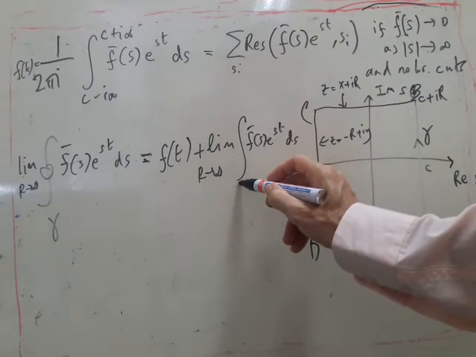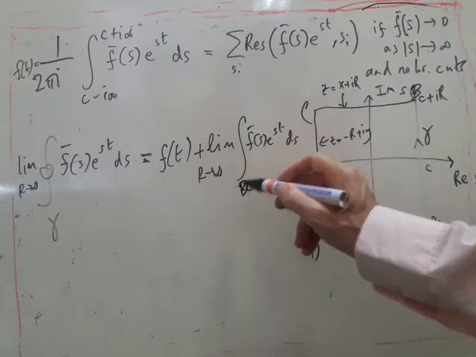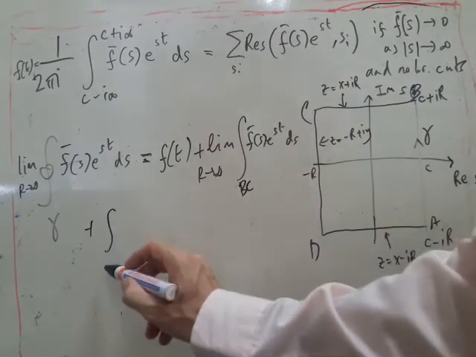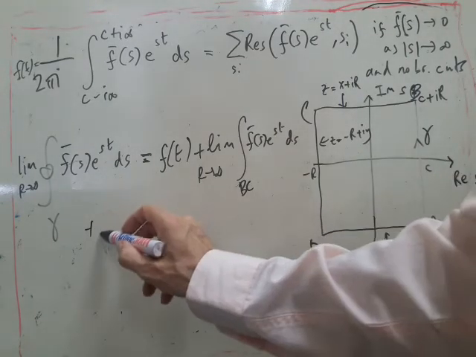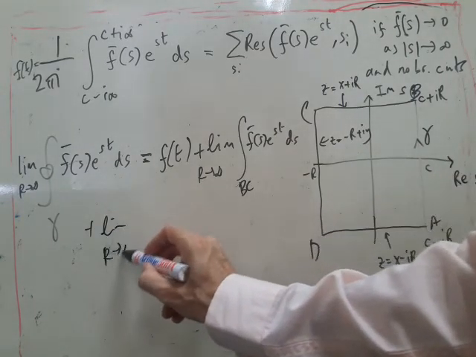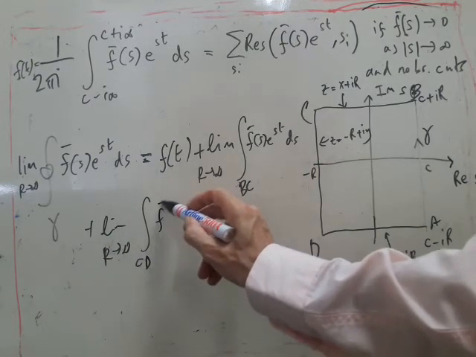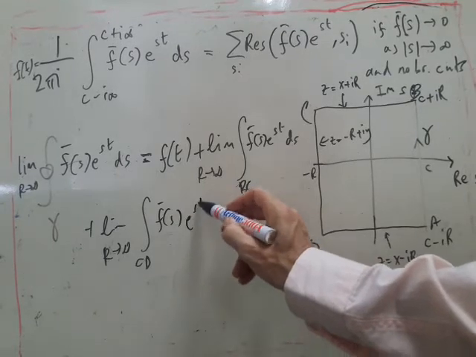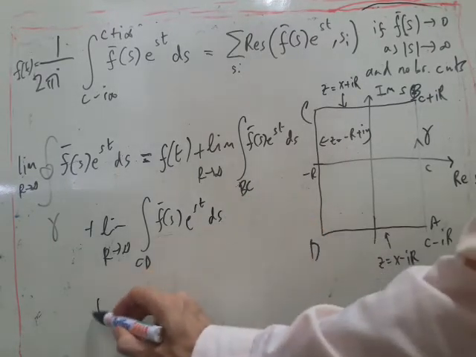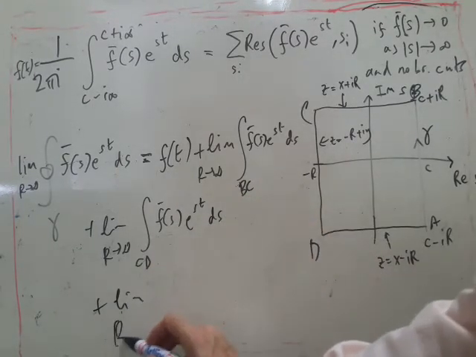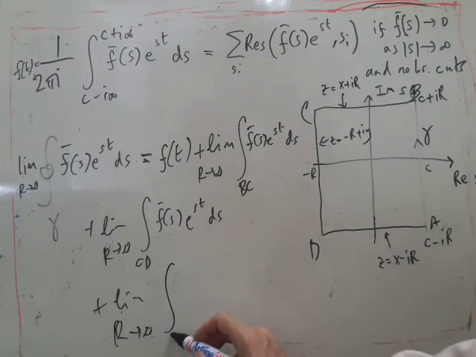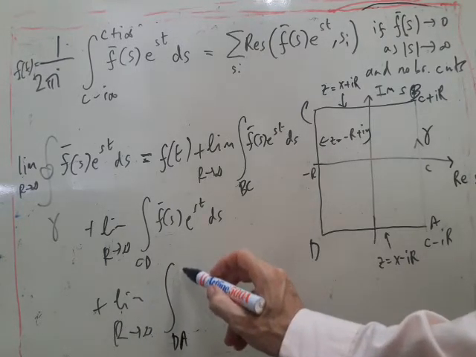So it's the limit as R goes to infinity of the integral BC, plus the limit as R goes to infinity of CD, plus the limit as R goes to infinity of DA.